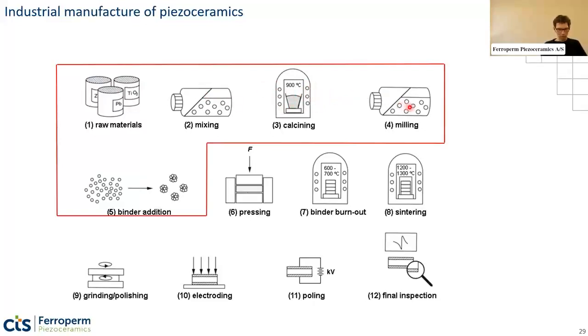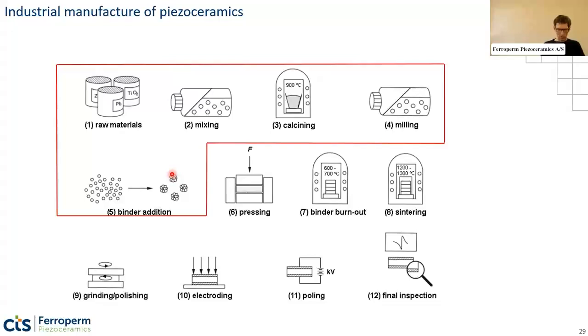Then you can reduce the particle size by milling. And finally, you add a binder, for example, using a spray dryer, where you can get the individual grains to stick together in larger granules. Since you have added a binder covering the surface, you have a material which is very easy to press.